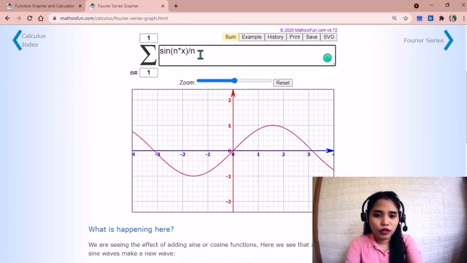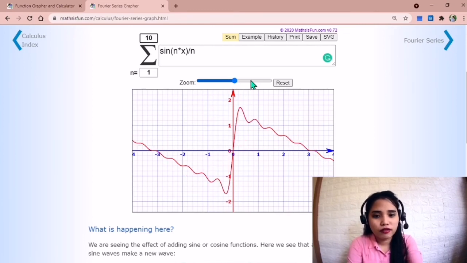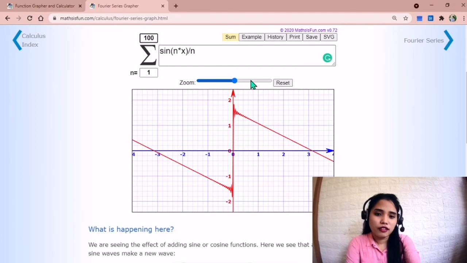So, yan ang itsura ng sawtooth. But, let's try to make it from n is equal to 1 to 10. Yan ang itsura. How about 50? How about 100? So, yan ang itsura ng sawtooth. Let's try another one.